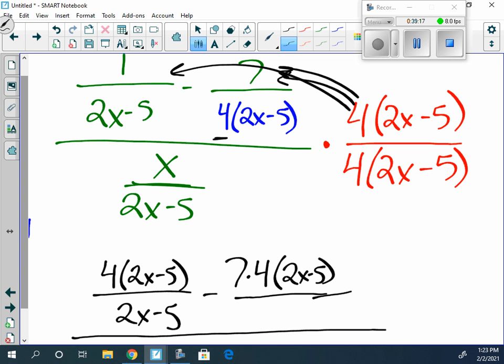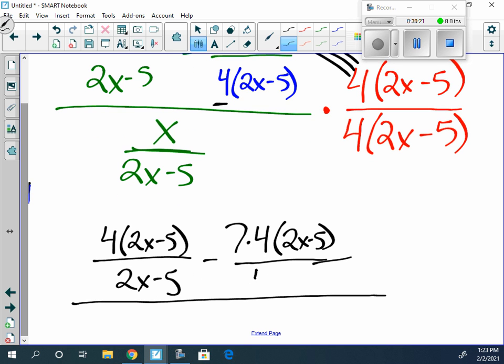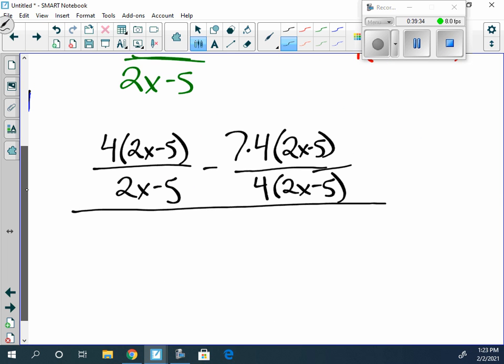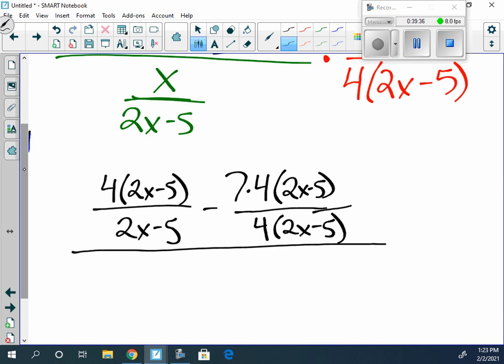So I didn't multiply that out because I noticed that, since the denominator was 4 times 2x minus 5, there's not a whole lot of reason to multiply the 7 and 4 if we're just going to divide it by 4. So I will multiply things together if I know that they won't immediately simplify, but if they do, I'm going to leave them.